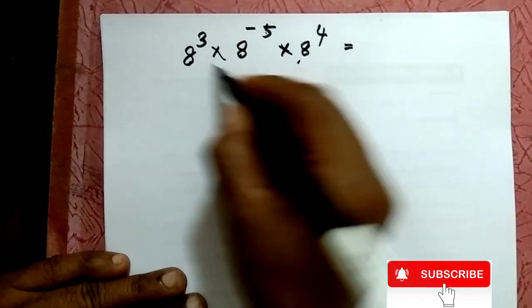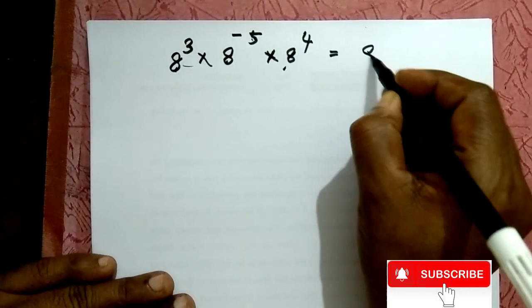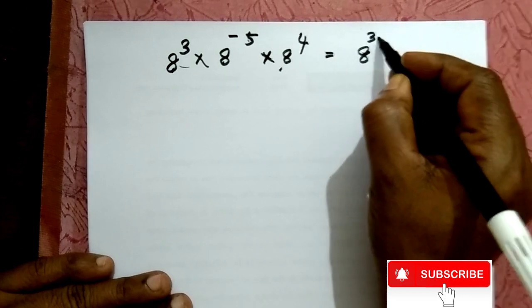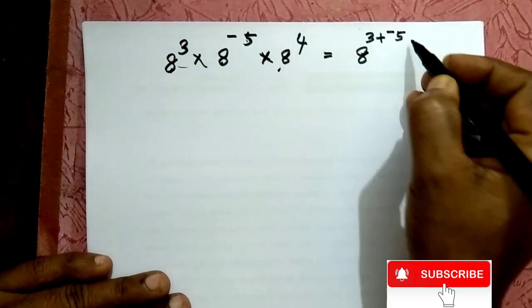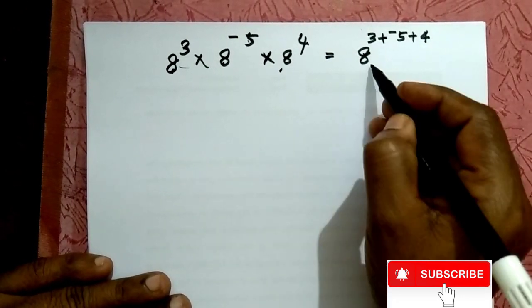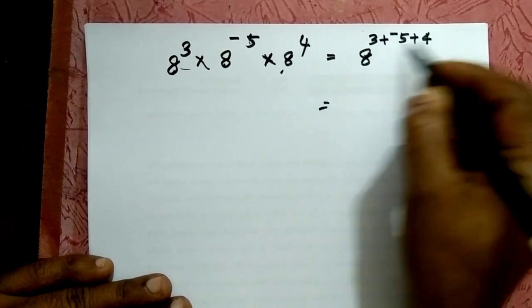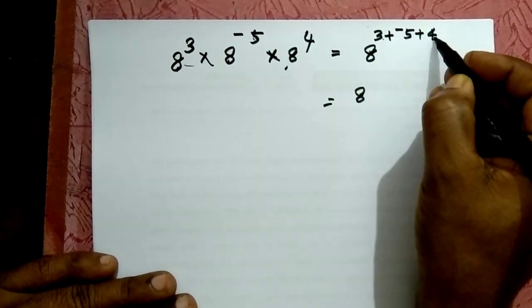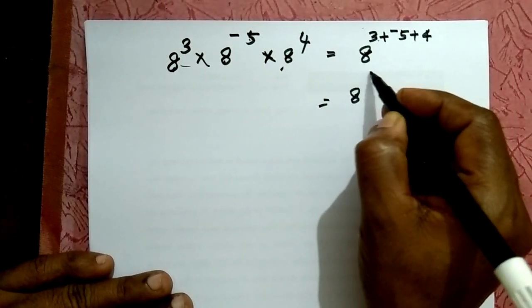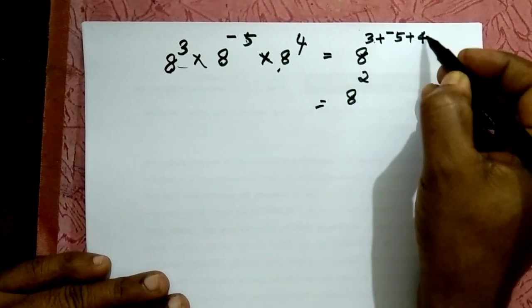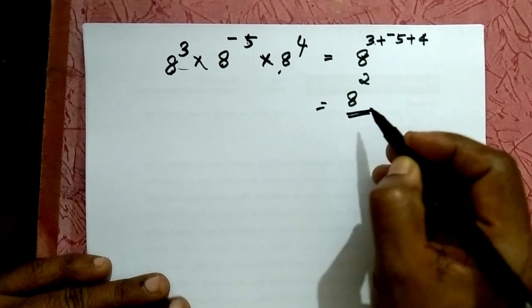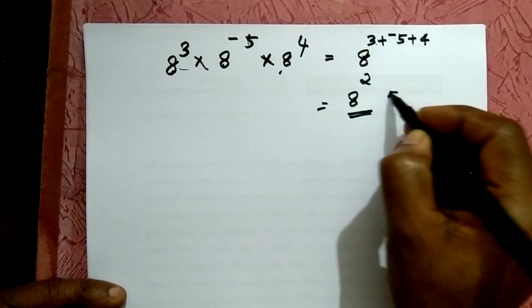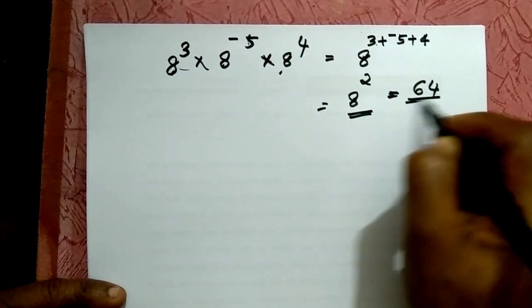So same base 8, the answer will be 8 raised to 3 plus minus 5 plus 4, that is 2. So 8 raised to 2 is the answer. Okay, 8 raised to 2 we can write as 64.